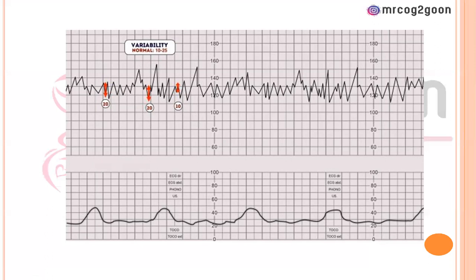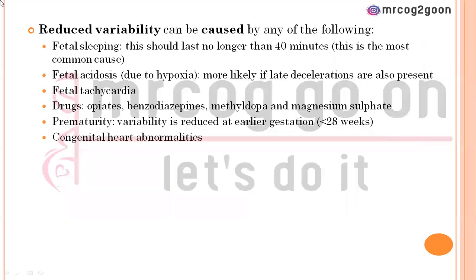This strip is made for demonstration, for teaching purposes. But I will put some actual CTGs to the group, and you will find them more informative than this one.